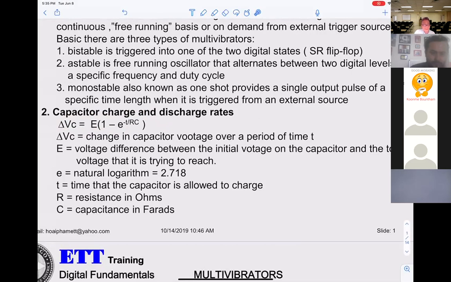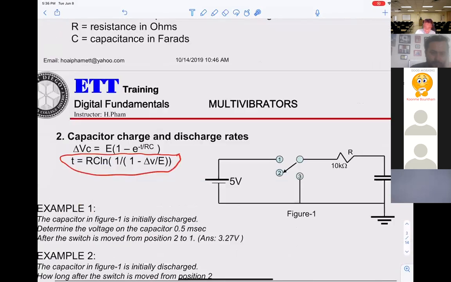That means the change in capacitor voltage over a period of time t. E is the voltage difference between the initial voltage on the capacitor and the total voltage that it is trying to reach. e is just the natural constant. T means the time the capacitor is allowed to charge. R is resistance in ohms, C is in farads.